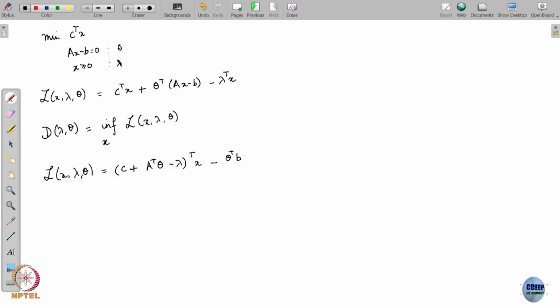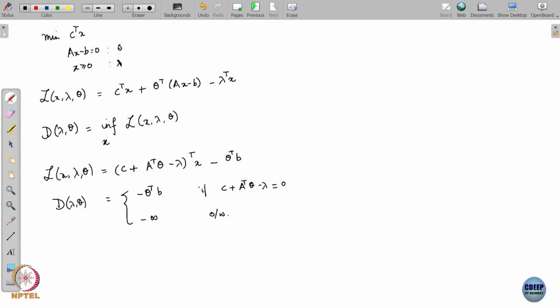All right. So, if I take the infimum of the Lagrangian, then d of lambda comma theta should be equal to one of these. It is equal to minus theta transpose b if C plus A transpose theta minus lambda is exactly equal to 0, and otherwise it is minus infinity.